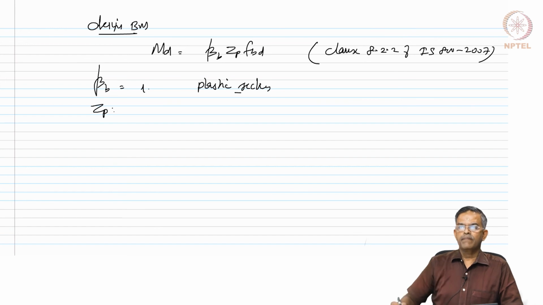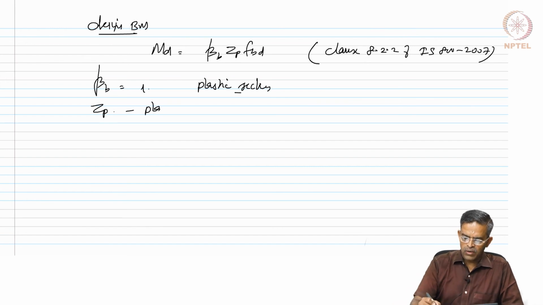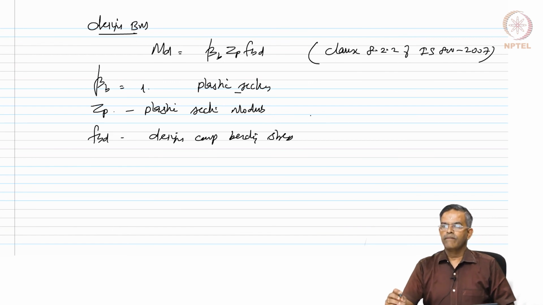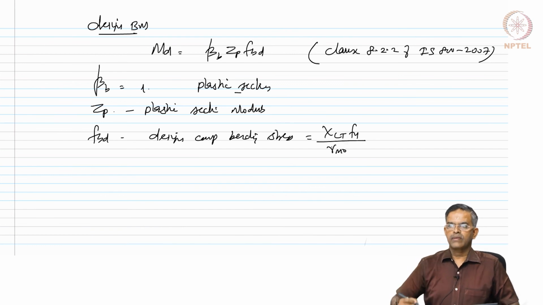What is Zp? It is the plastic section modulus. And fbd is the design compressive bending stress, which is actually equal to chi LT fy by gamma m0.